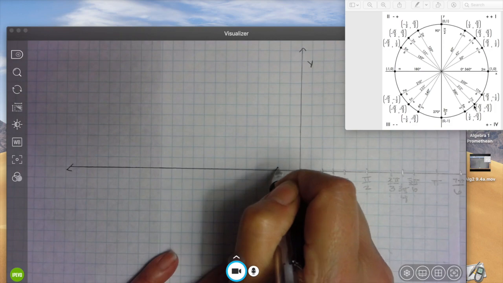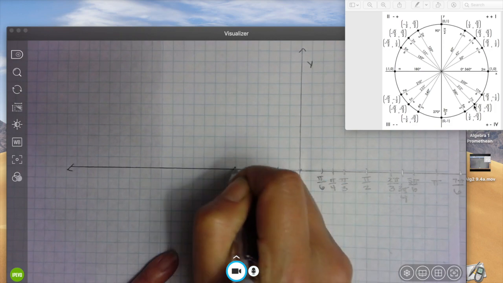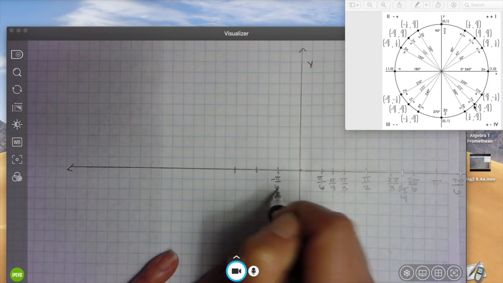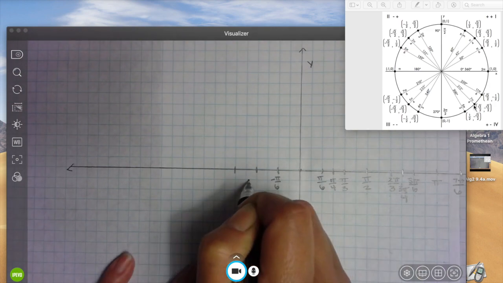So we got negative pi over 6, right? Negative, I'm going to do the 6 first, pi over 3, right?